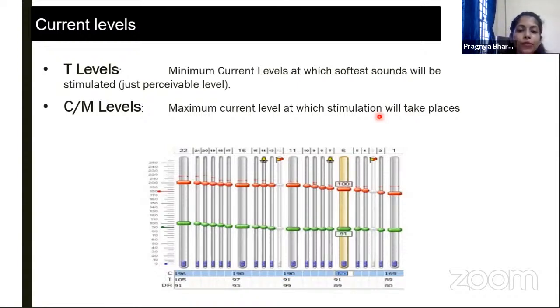And we also set the maximum current level that a person is able to listen to comfortably. So all of the information that the processor collects and that undergoes pre-processing gets compressed into this electrical dynamic range, which is set during our mapping. And this, of course, as we all know, is a dynamic characteristic. It will keep evolving as the person gets more and more experience with the cochlear implant.